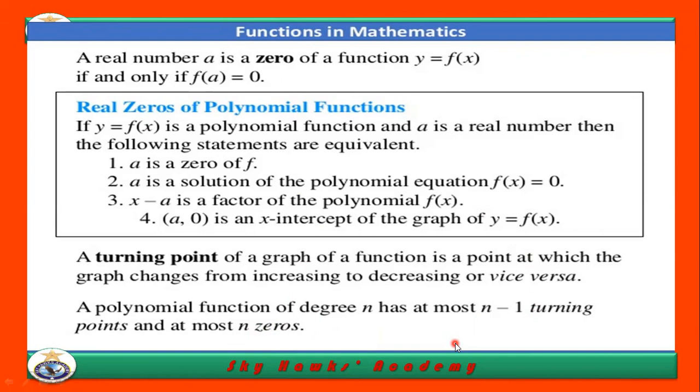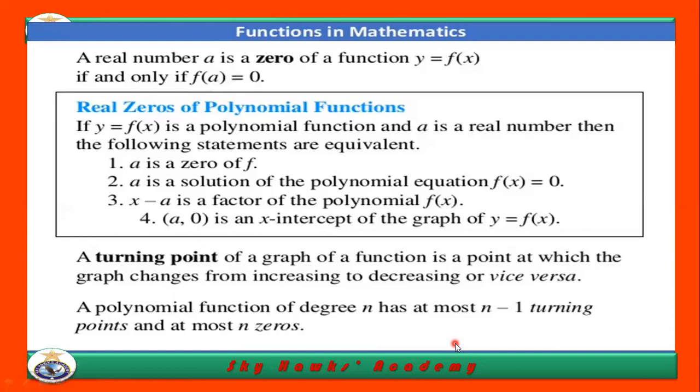In other words, if you are looking for the turning points, it is one less than the degree of the equation. If the equation is quadratic, its degree is 2, so 2 minus 1 is 1. So it must have 1 turning point. A turning point is a point from where the graph changes its course of motion.